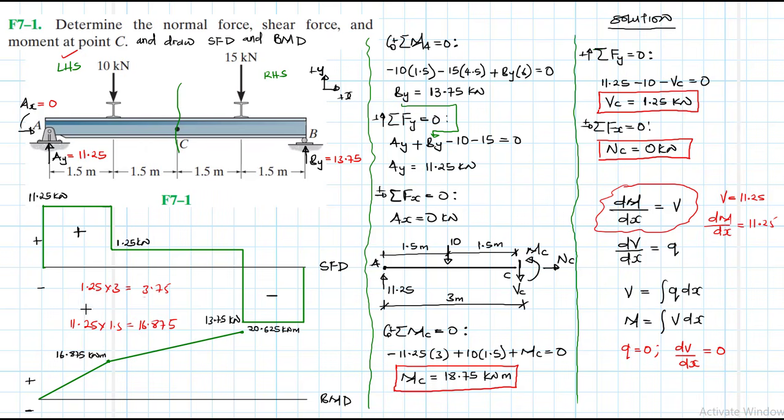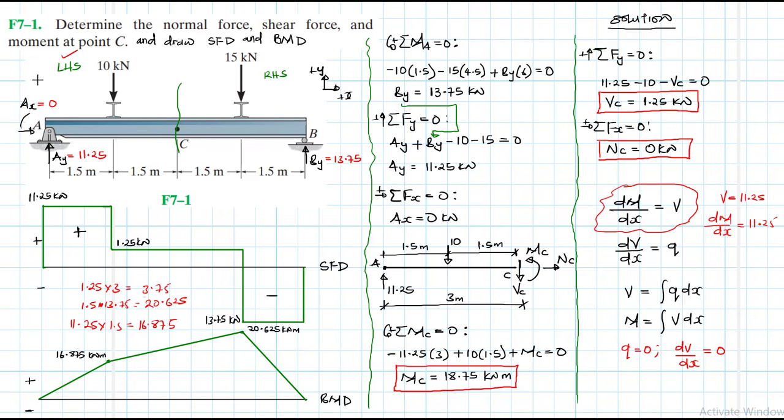This magnitude is 1.5 times 13.75, which gives us 20.625. Since this is negative, it will interact with this: minus 20.625 plus 20.625, one is negative, the other one is positive. When they interact, what do you expect? You expect this to be 0, right? To hit somewhere there.